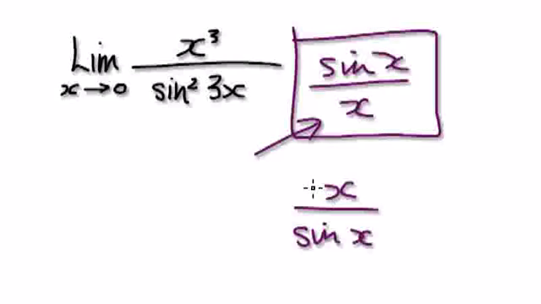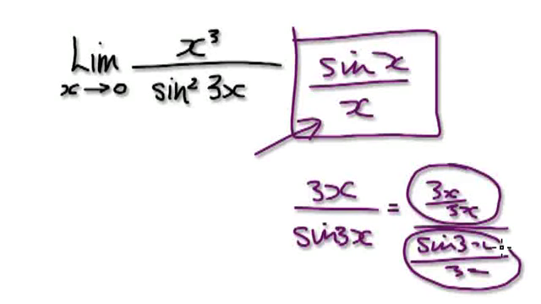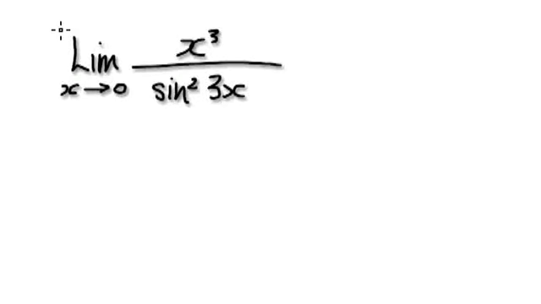So the trick here, even if you have something like a 3 here, is to divide top and bottom by 3. So here you have this 3x over 3x, and leave this as a number, and then you've got sine 3x over 3x. So this here is like another number. Well, do whatever you want.